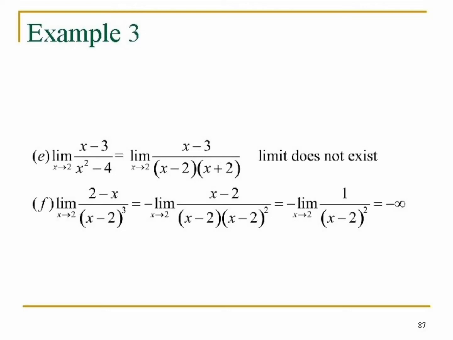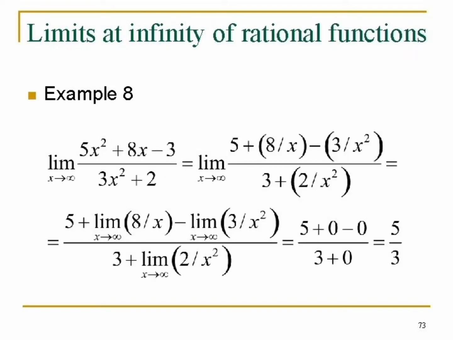And if the limit value of x is infinity, like in this example, then you simplify the function by dividing each term by the highest x degree, that is x squared.